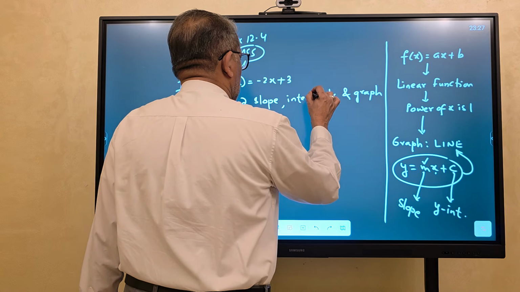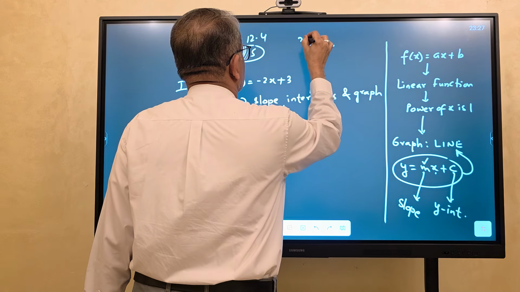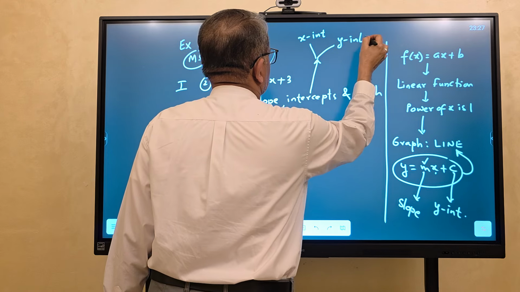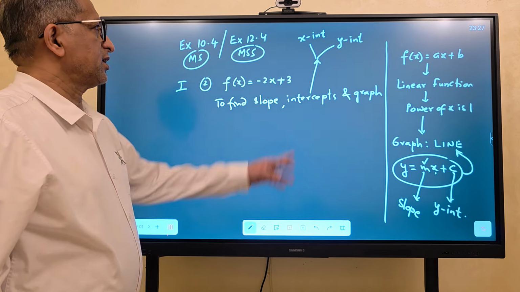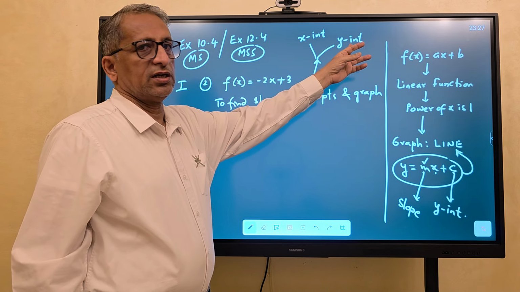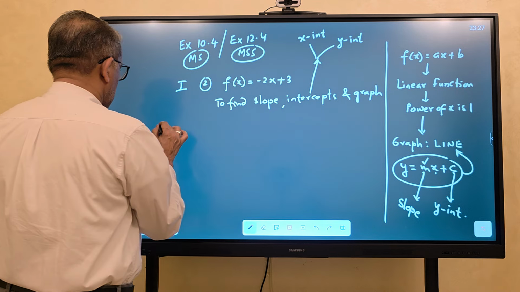There are two intercepts, x-intercept and y-intercept. Don't forget this. The line cutting the x-axis gives the x-intercept, and the line cutting the y-axis gives the y-intercept. So let us find them one by one.